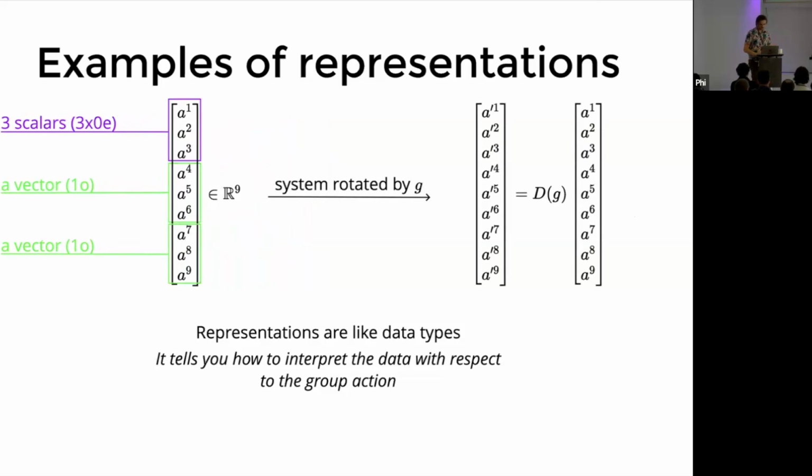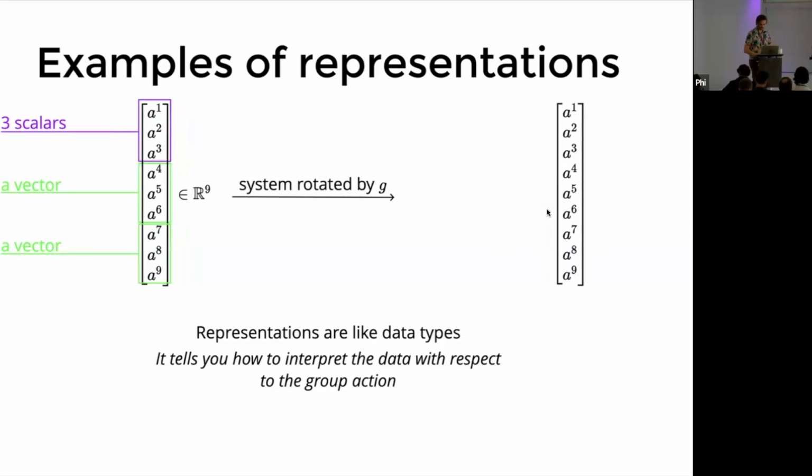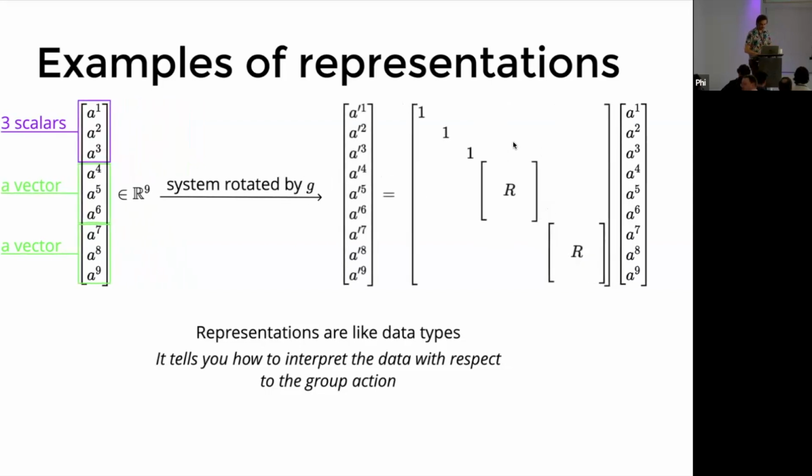If you do that, you can relate the vector that you had at first with the new vectors by a matrix that contains this rotation. And this matrix will be block diagonal and have a lot of zeros, because to know how this vector gets mapped to its new value, you don't need to know the value of the other vector. They transform independently with the rotation.